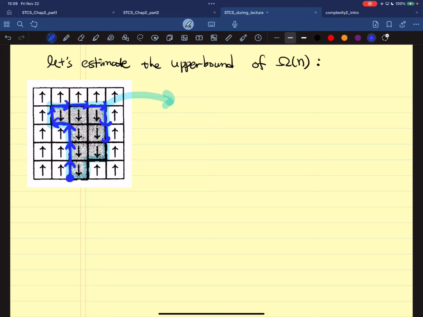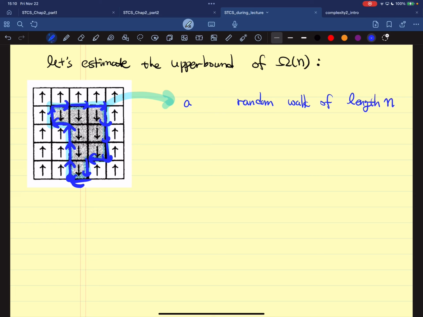And you have to return to the original place, like this. So this path, the enclosing path, can be considered as a random walk of length n.